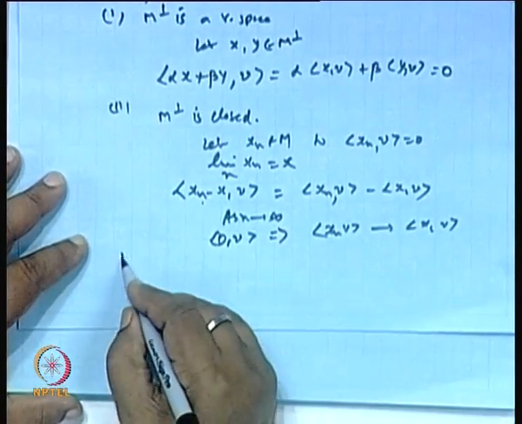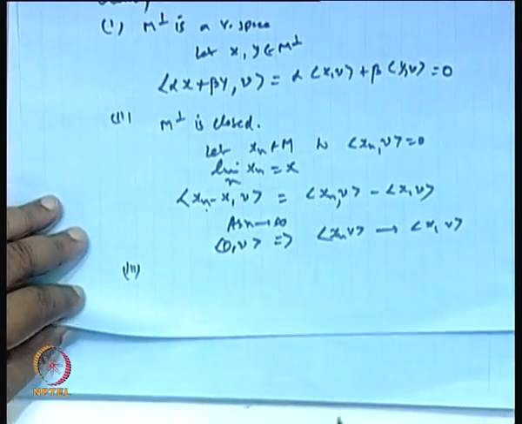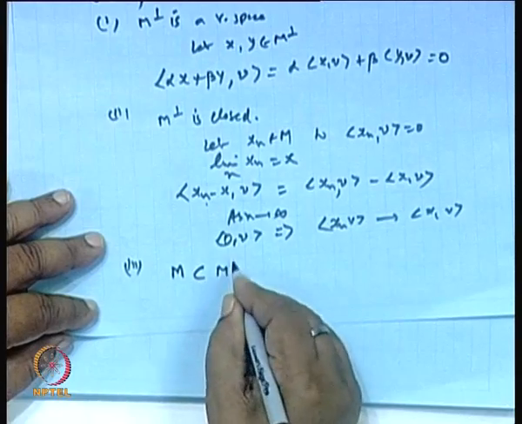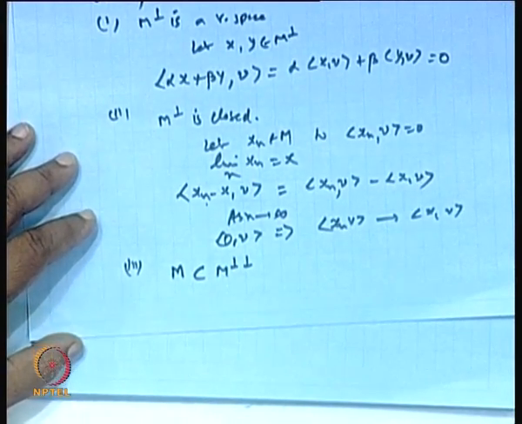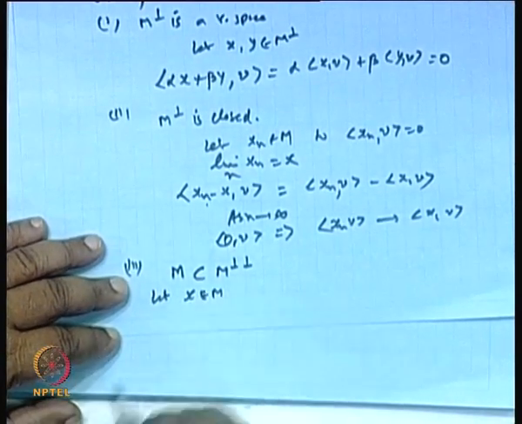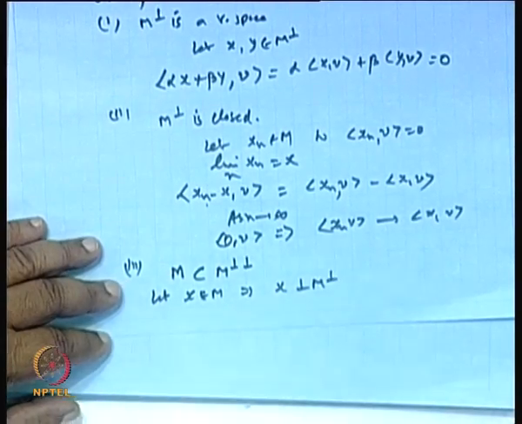Then another exercise: M is always a subset of M perpendicular perpendicular. Why? Because suppose x belongs to M, then x is orthogonal to M perpendicular.